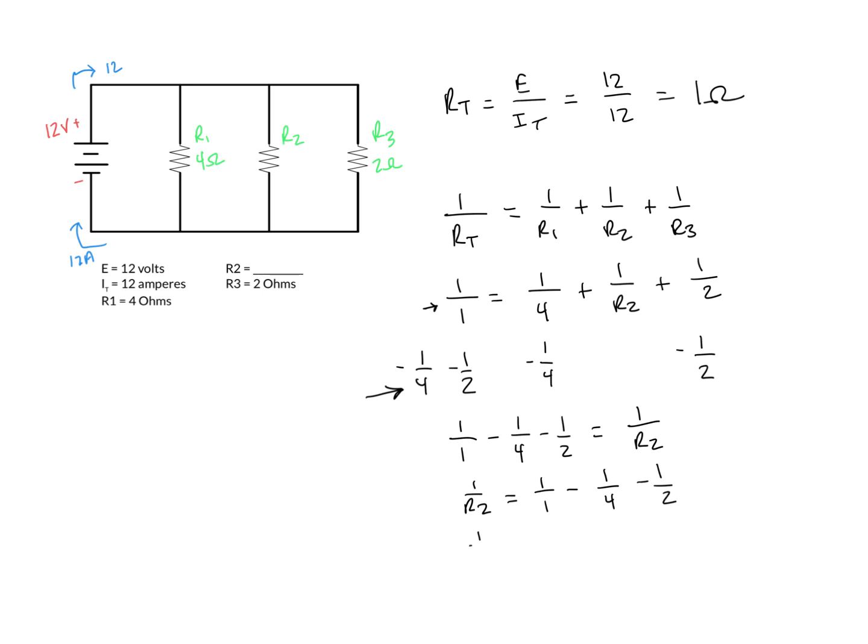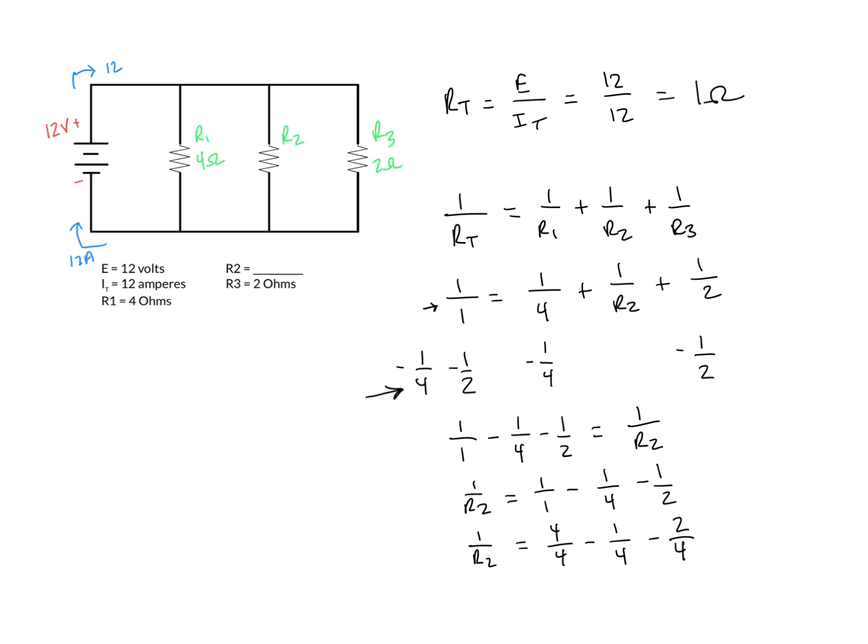And then yes, we've got to get the same denominator, so 1/1 equals 4/4 minus 1/4 minus, mistake there, this has got to be a 4, and that goes in 2, so like this.